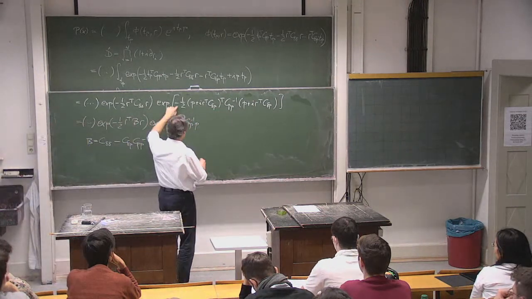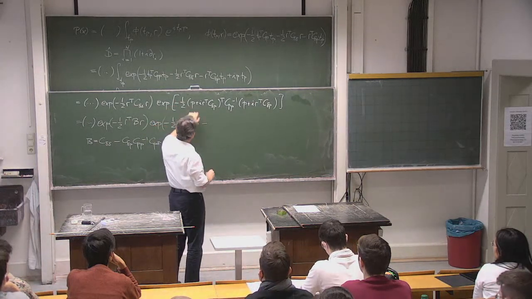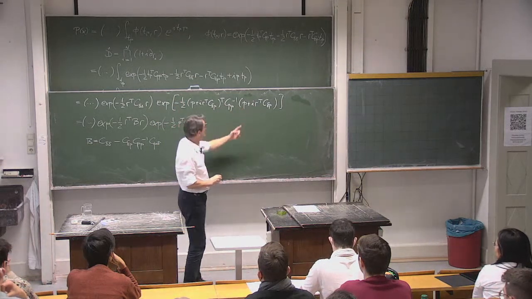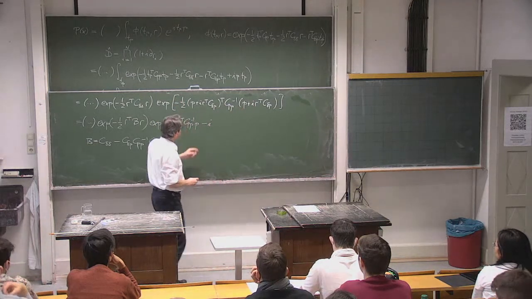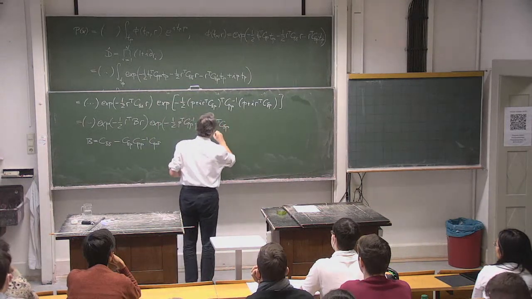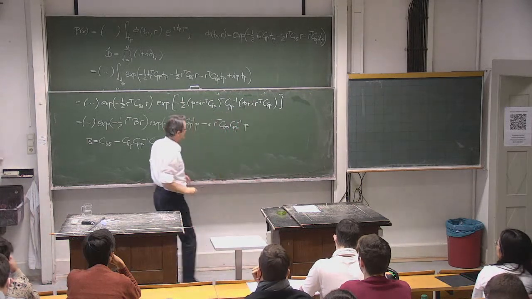So we get minus a half, now 2 times this contribution, the I remains, and we have R transpose C_delta P C_PP to the power of minus 1 times p.